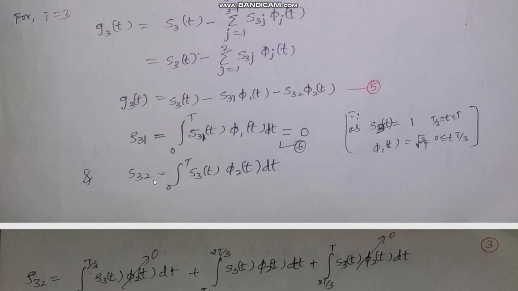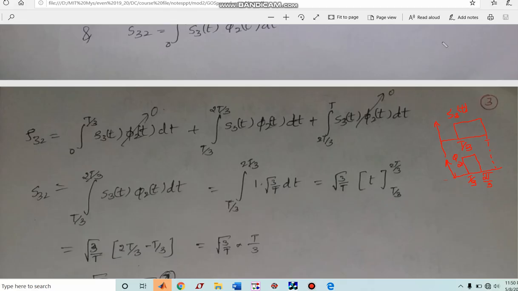Next one, s32, we are going to calculate using this. Now I have split the integration into three parts: 0 to t by 3, t by 3 to 2t by 3, and 2t by 3 to t. In these three parts, only from t by 3 to 2t by 3 will the area between s3 of t and phi 2 of t merge.